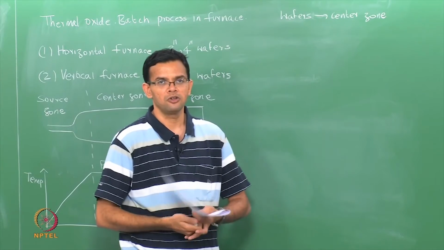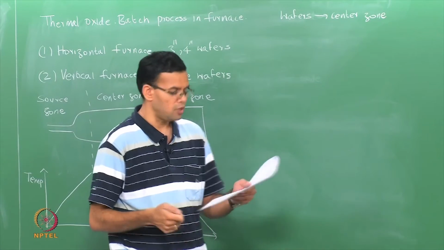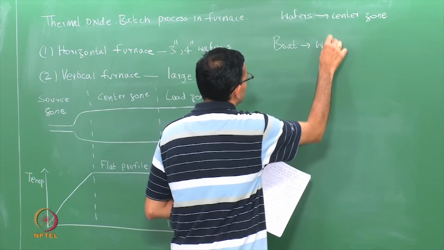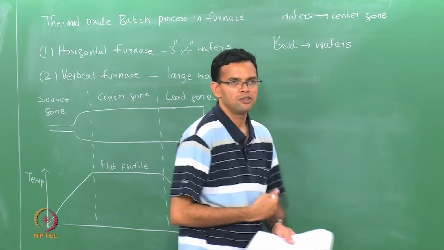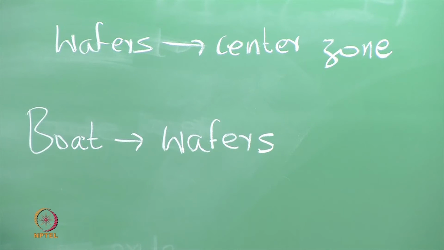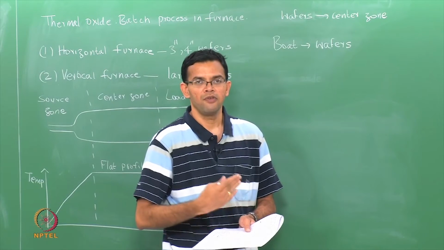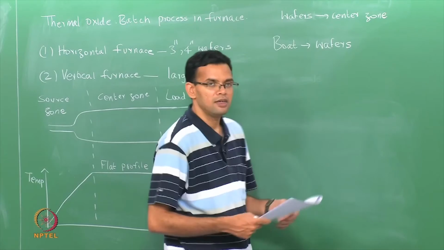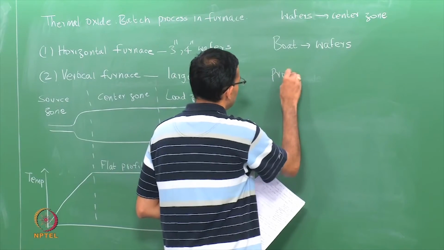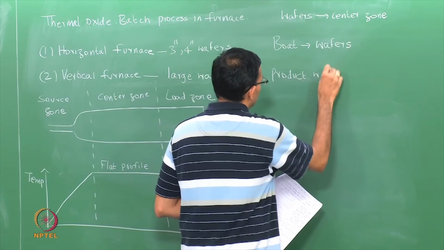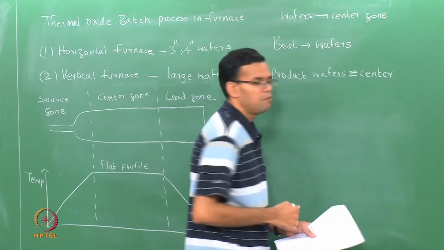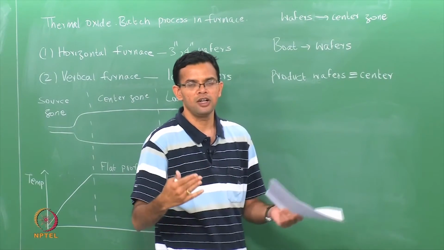In the case of furnace growth for thermal oxide, there is usually a boat. The boat contains the wafers. For example, in the case of a vertical diffusion furnace, your boat could have something like 100 to 125 wafers. The wafers that need to be processed, so these are called the product wafers, are loaded in the center, and then a bunch of blank wafers are usually loaded at the ends.